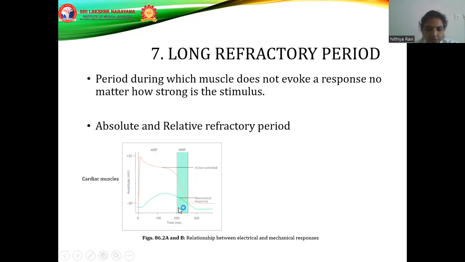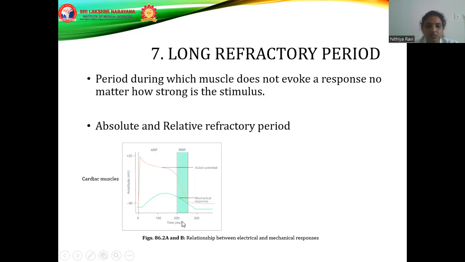Next, the blue shaded portion is called the relative refractory period. Here, the muscle fiber goes into the repolarization phase, and mechanically the muscle is in the relaxation phase. Here, if you give a strong stimulus with repeated frequency, there are chances that the muscle fiber will react to it.